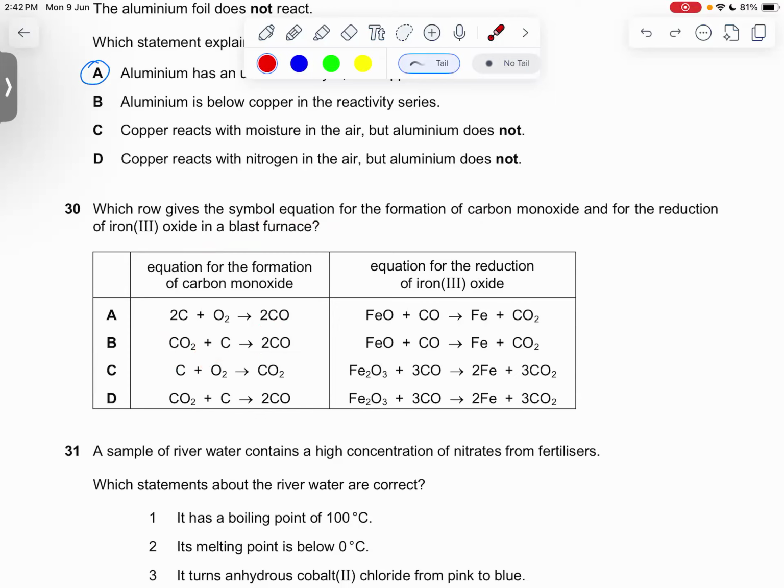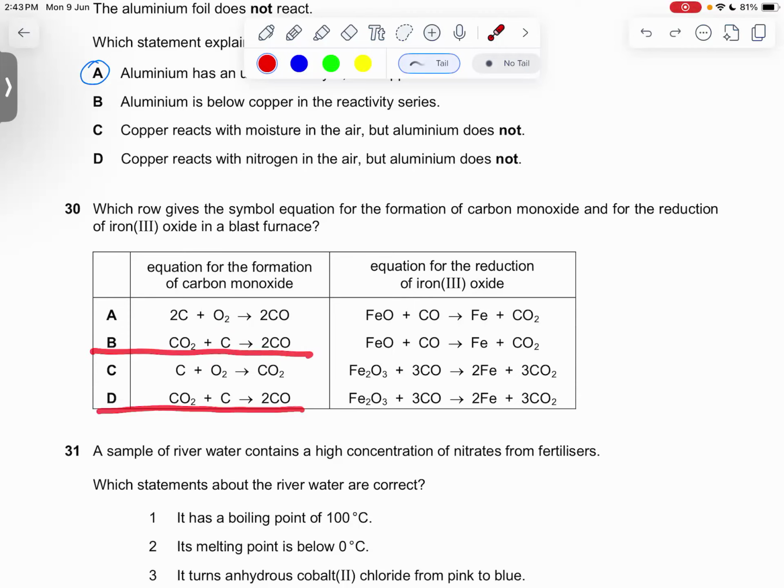Because oxygen runs out, there is scarcity of oxygen in the blast furnace now. So the carbon dioxide that is formed and the carbon that doesn't have any oxygens, they both decide that instead of one carbon having two oxygens and the other carbon having none, they should have one oxygen per carbon. All right. So the answer should be either B or D.